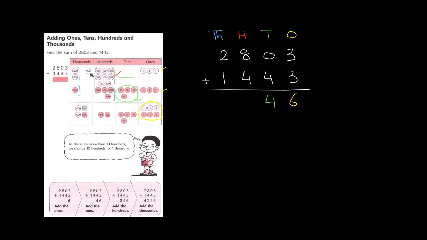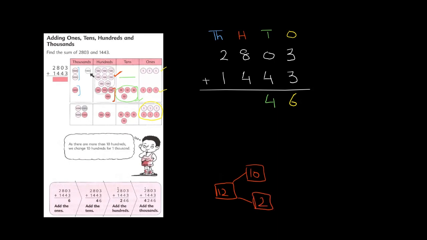And now we're talking about hundreds. So now please note, we have 800s right over here, and 400s. So 800s plus 400s is 1200s. So we're going to take our 1200s and break it up into 10 hundreds and a 2.